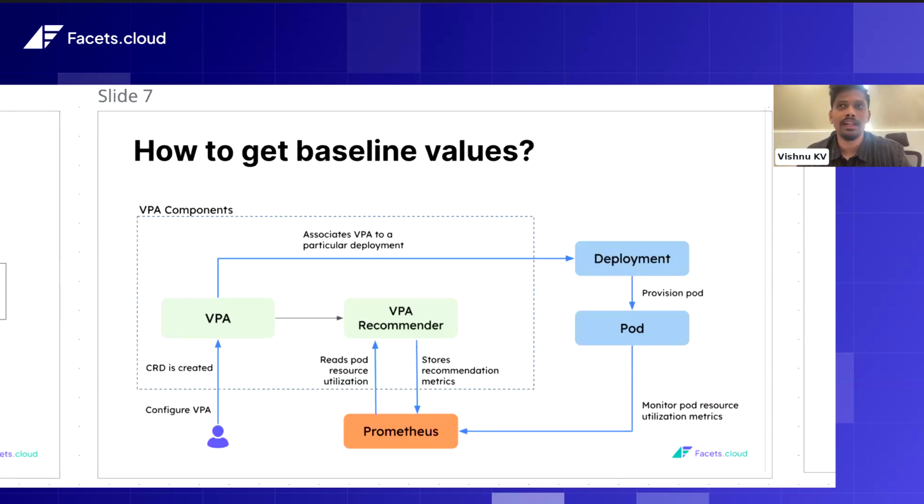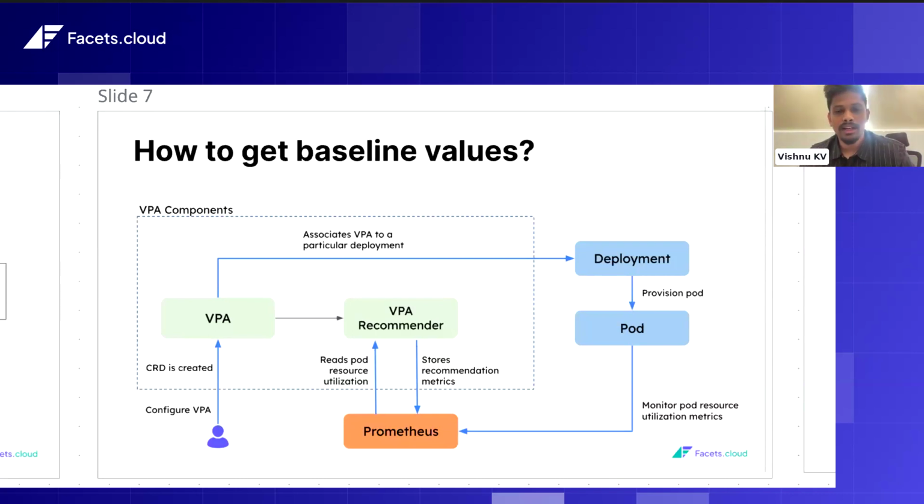If I say I want a history of 15 days, VPA would do that. It will go to Prometheus, pull 15 days worth of data, generate some recommendations, and push them back to metrics to be stored. With this, we get continuous feedback from all the metrics being generated by the VPA, so that we can feed it to our framework that I talked about.